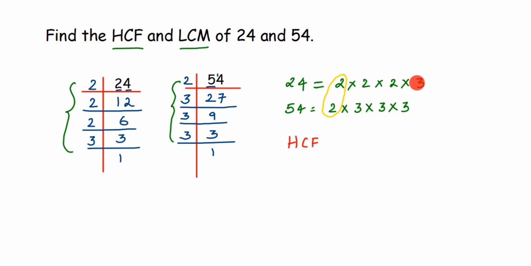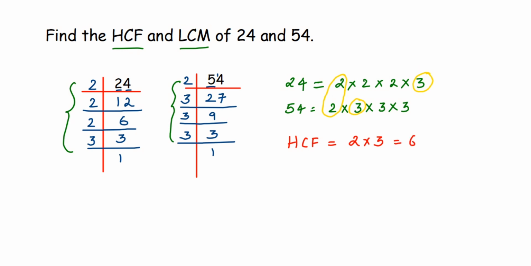I have to take the ones present in both. So HCF will be equal to 2 times 3. From each pair, or the one which is present in common, we take them only once. So from here I'll take one 2 and from this pair one 3. Now multiply them. 2 times 3 is 6. So the HCF of 24 and 54 is 6.